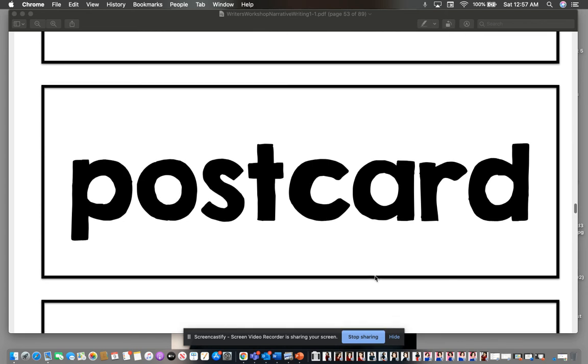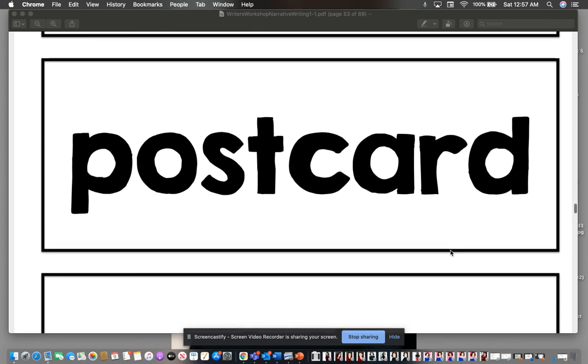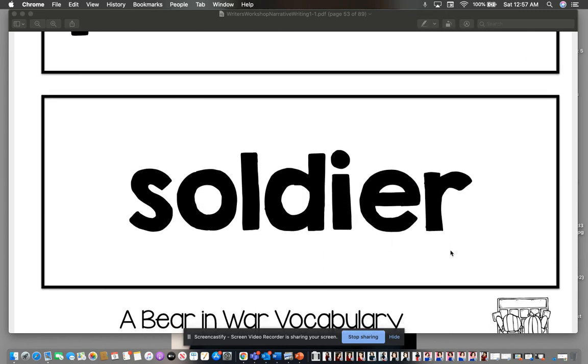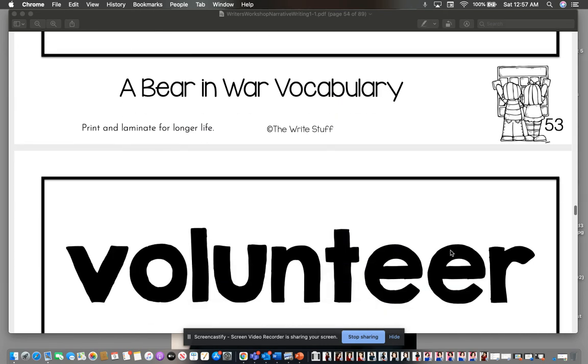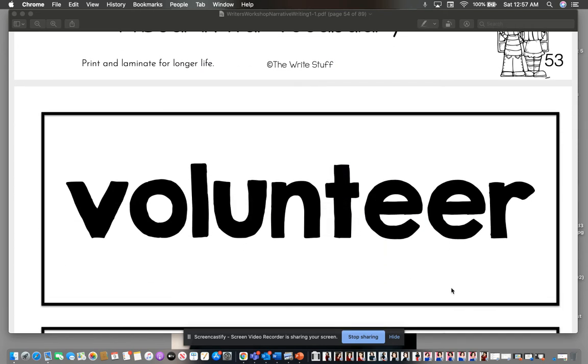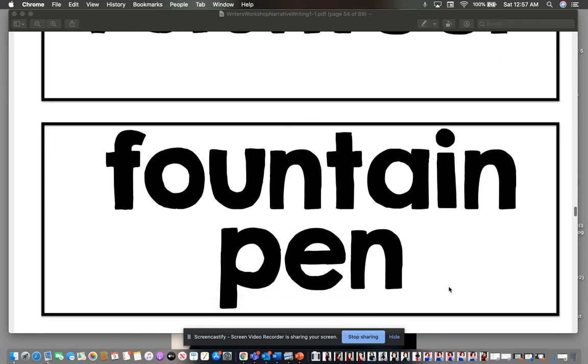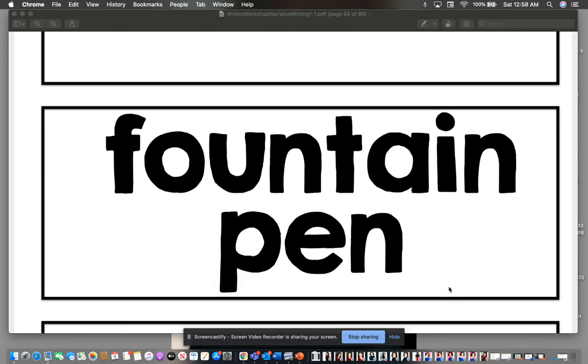Here is another compound word, postcards. And then here's another one, soldier. Then we have volunteer. And then this one is fountain pen.